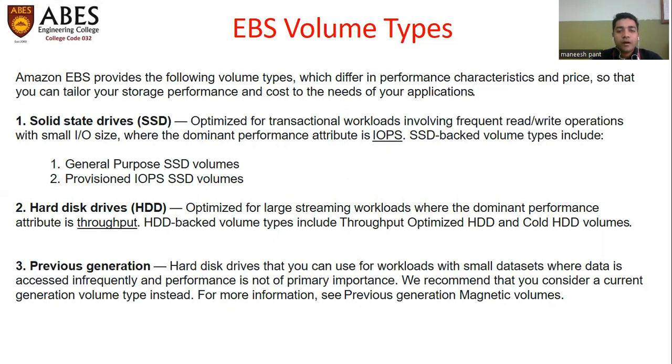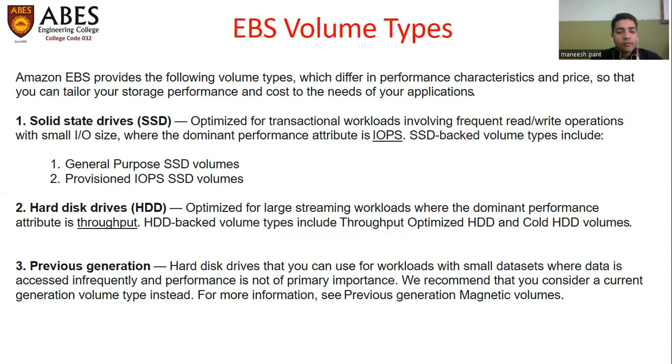As you can see, the solid state drive SSD is optimized for transactional workloads involving frequent read-write operations with small input-output size, where the dominant performance attribute is input-output per second, IOPS. SSD is also of two types: general purpose SSD and provisioned SSD. We will see what these are in the next slide.